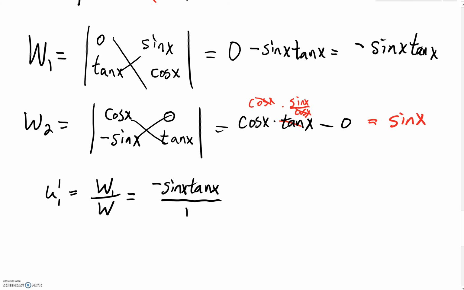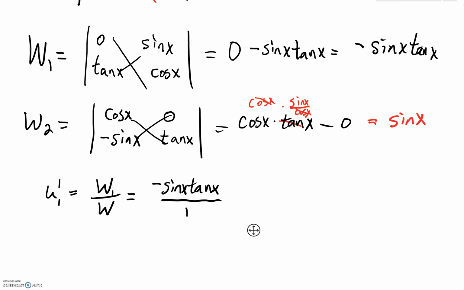So this is nice. It's working out rather well. And what we really want to do is solve for u sub 1, or u prime, I am so sorry. We're going to go ahead and have to take an antiderivative.